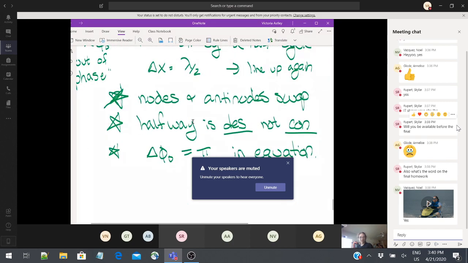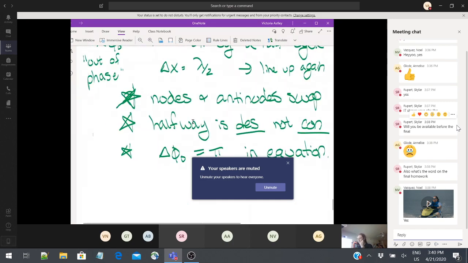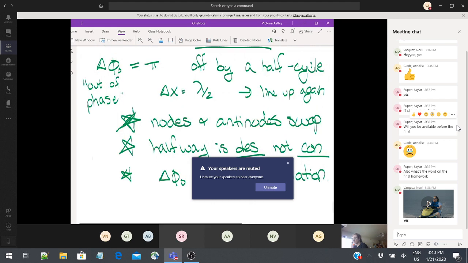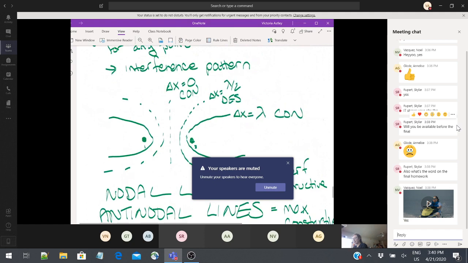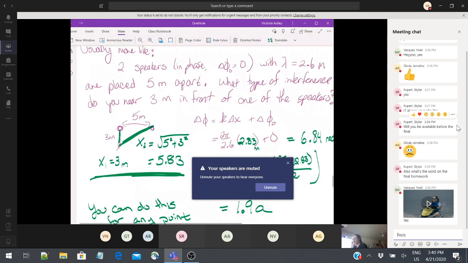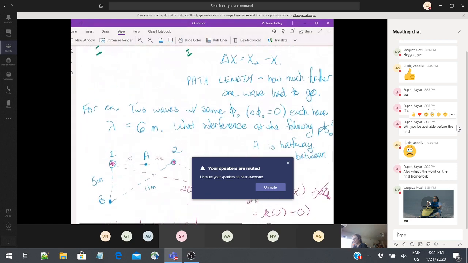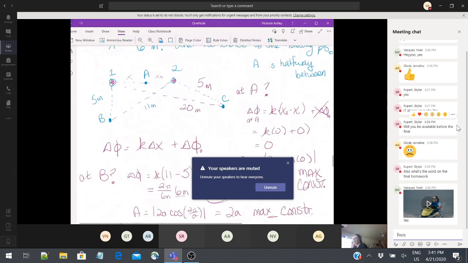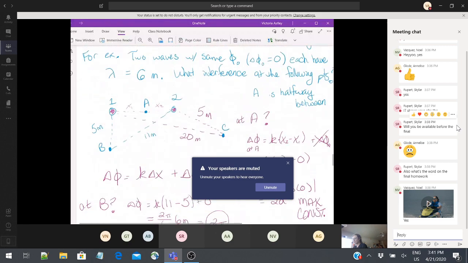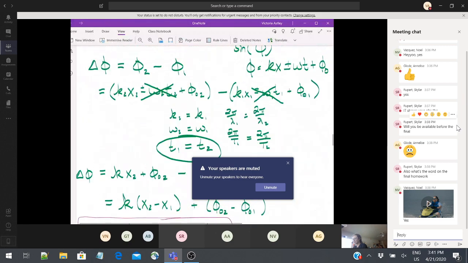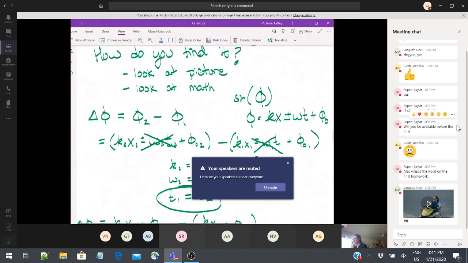Okay. All right, so we had a wonderful conversation last time about two-dimensional interference and the pretty patterns that it makes, the nodal and antinodal lines. We did some math. The key was it's all about delta r or delta x.